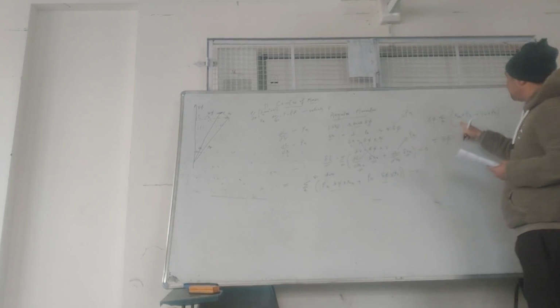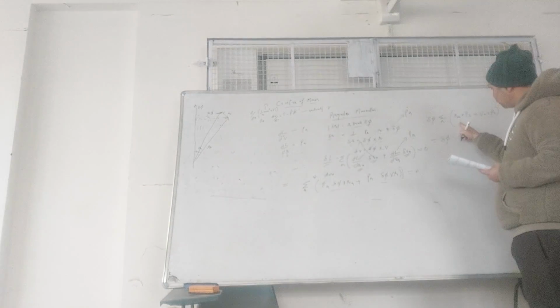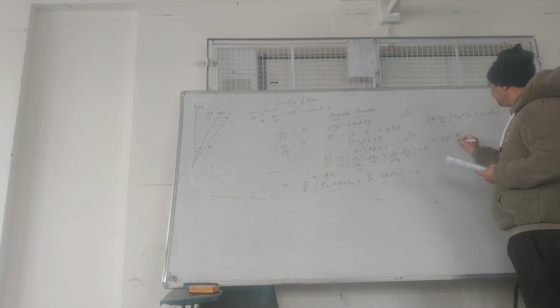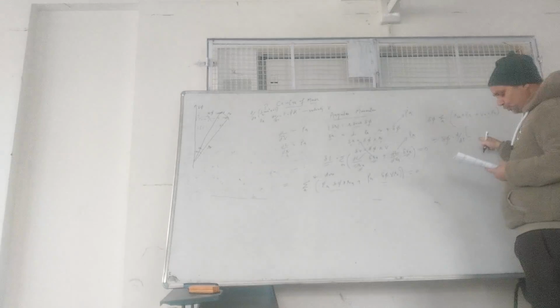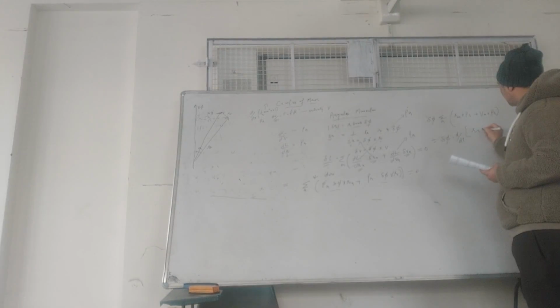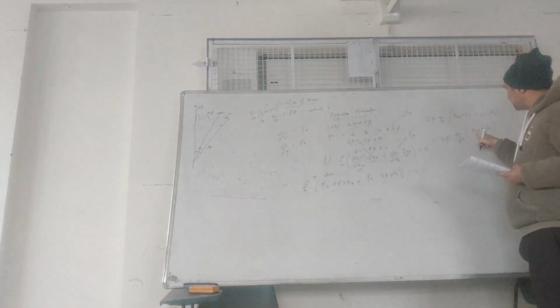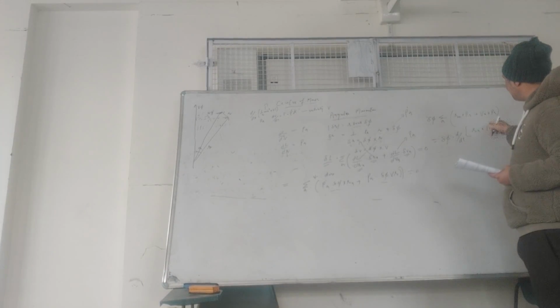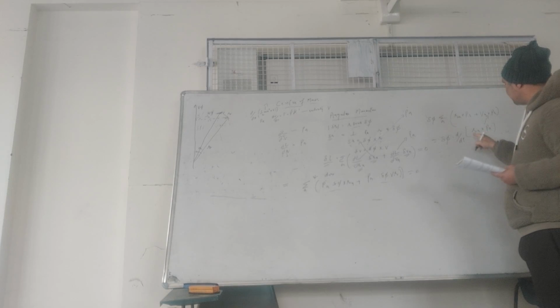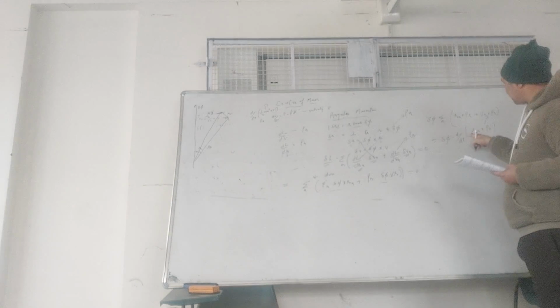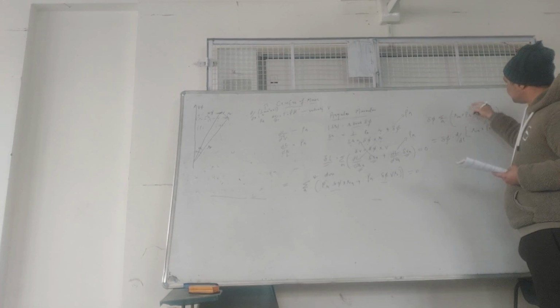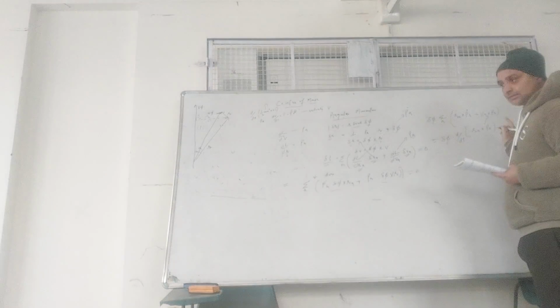So you can also write it like this, d by dt of R cross P. Once you take the derivative, what will come? R dot cross P will come, which cancels with the other term. In the other, when you take R out, P dot comes. You can write this thing also like this.